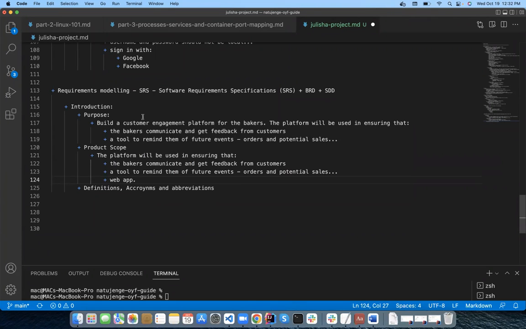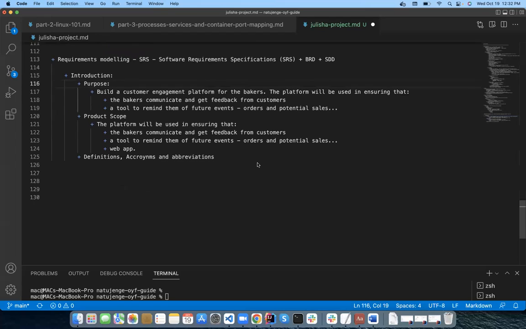So what I was saying is that the purpose is we want to build a customer engagement platform. Thanks, Steve, for highlighting that I was not sharing the screen. Bakers can communicate and get feedback from the customers, and it can be a tool to remind bakers of the future events that they need to talk about. So basically reminders for orders that they have to fulfill and potential customers.